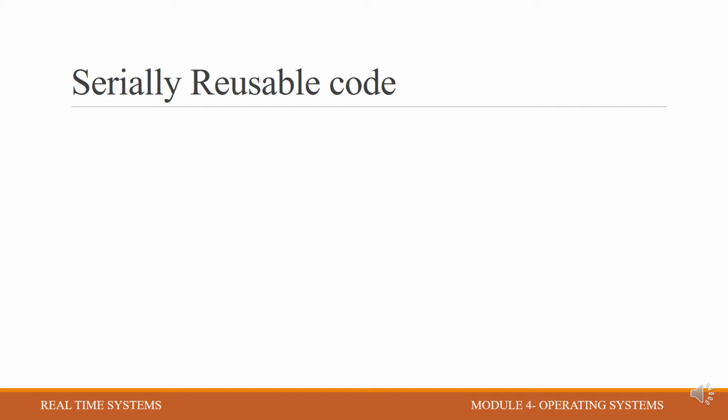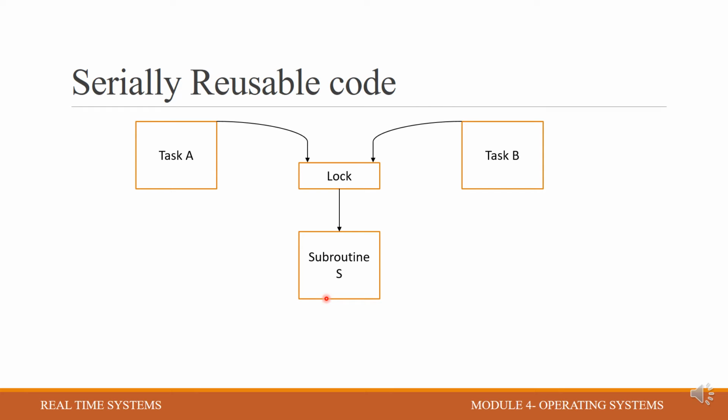Two tasks, task A and task B, are attempting to use the subroutine S. In this condition, a locking mechanism is introduced at the beginning of the subroutine S, such that if task A is already using the subroutine, task B cannot use it until task A unlocks it.